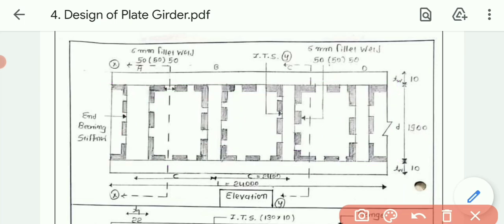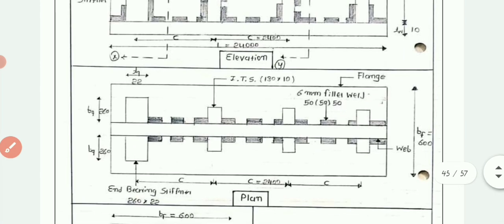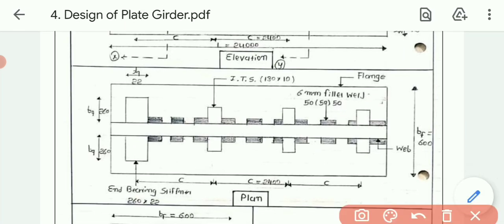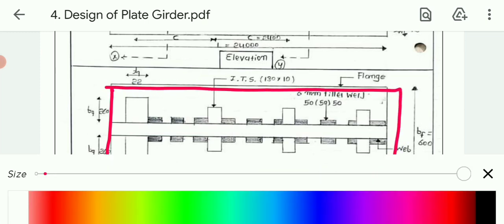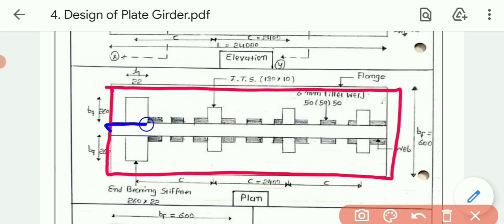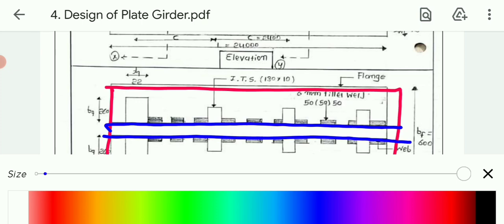Clear? Then this one is the top view. Say this one is our flange, then this one is our web.